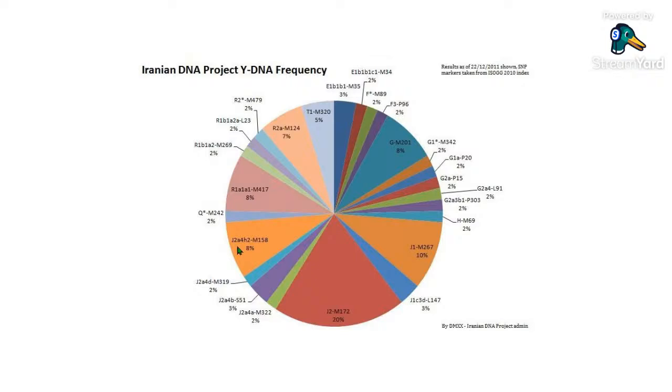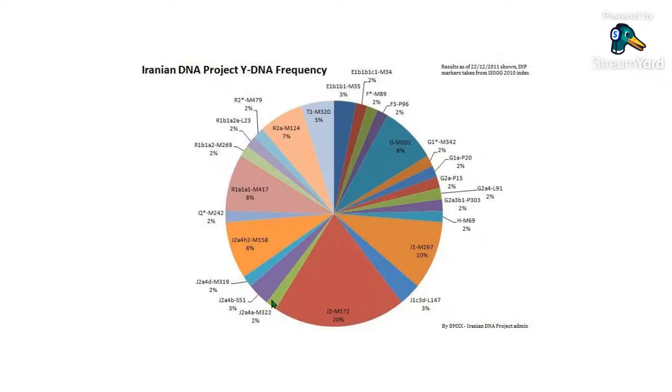So we have 8% of this J2, 20% of this J2. And then you have these pieces here of different J2, which are probably all Judaic, except that what I'm thinking is that this large percentage here of J2 is more than likely the direct descendants of King David.